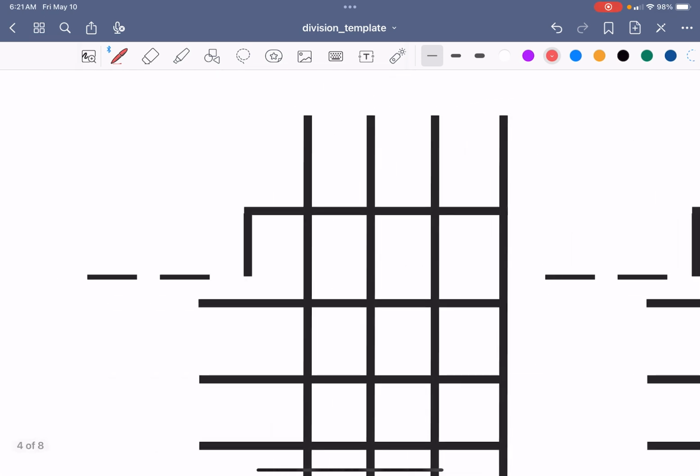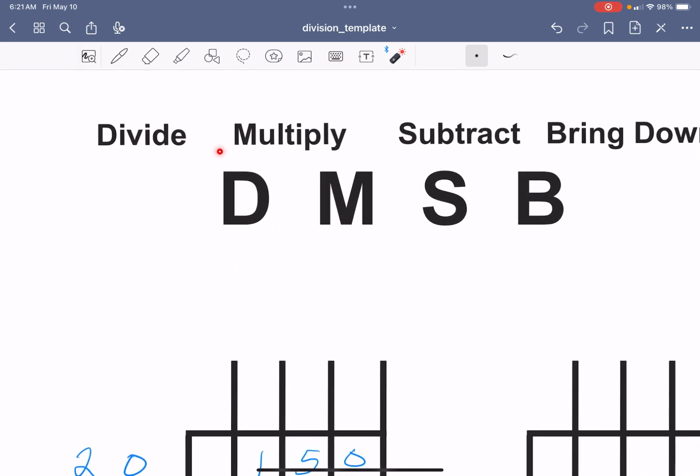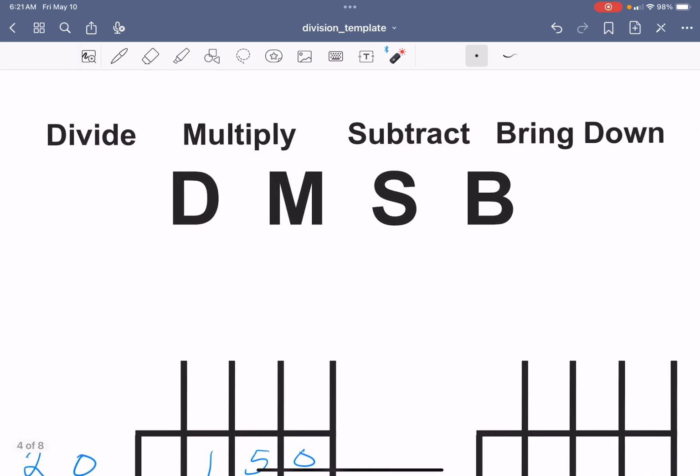Let's do 20 into 150. Okay, so remember the steps: divide, multiply, subtract, bring down.